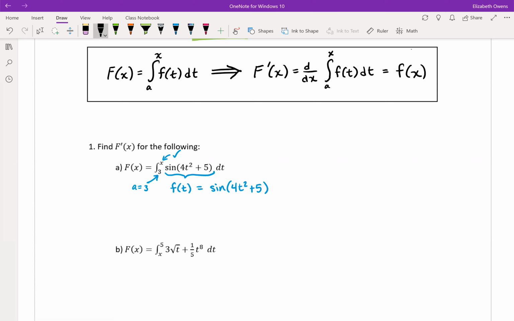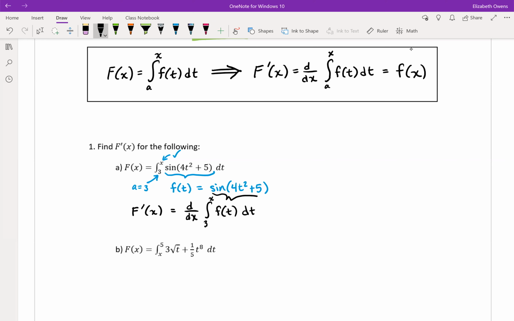So if we set this up to find F prime of x, that's taking the derivative with respect to x of the integral from 3 to x of sine of 4t squared plus 5 dt. Or if you like, for right now, you could put a little f of t in there, f of t dt.